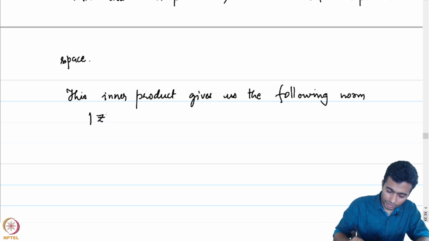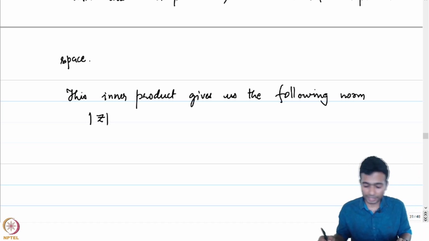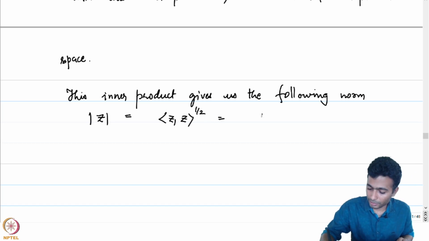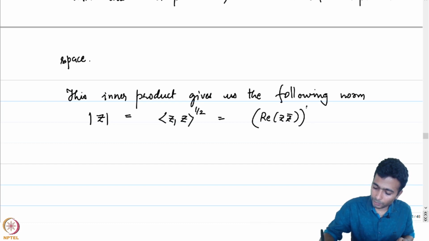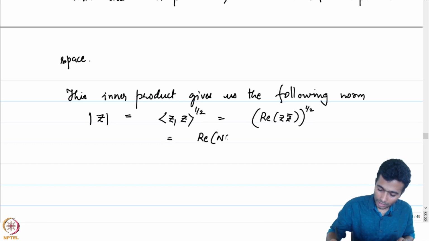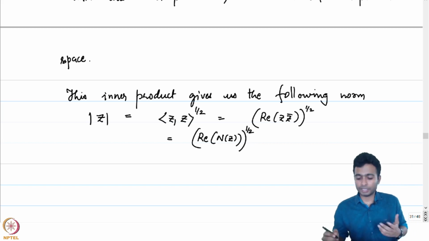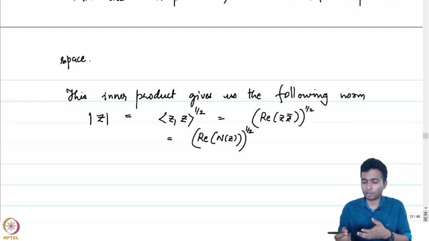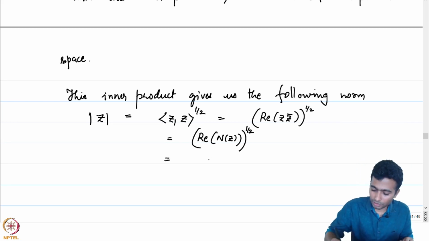The norm of an element z will just be the inner product of z with itself to the power 1 by 2, which is basically the real part of z z bar to the power 1 by 2, which is equal to the real part of n of z. You see, n of z has featured in now. But n of z is always a real number, and what do we know about the real part of a real number? It will be the real number itself. So this is just n of z to the power 1 by 2.